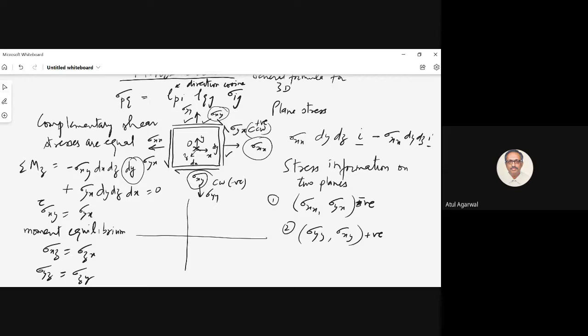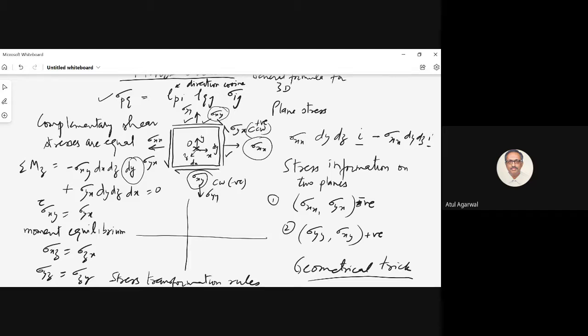Mohr circle is a geometrical trick. There is no physics involved in it. It is used to satisfy the stress transformation rules which I had written here.